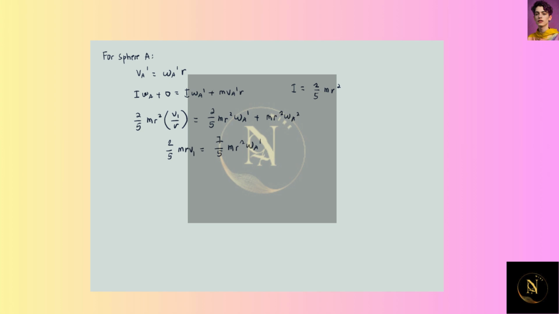From here, omega A prime is equal to 2 V1 over 7R. And since VA prime is equal to omega A prime times R, VA prime is equal to 2 V1 over 7.